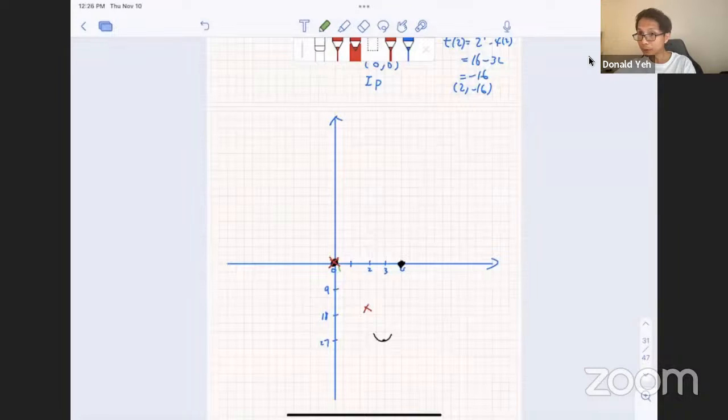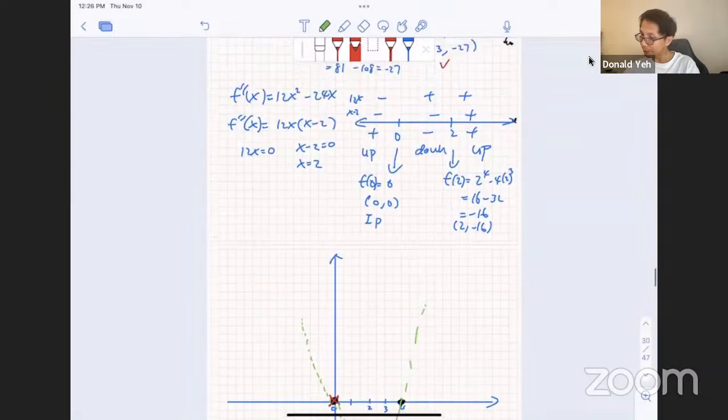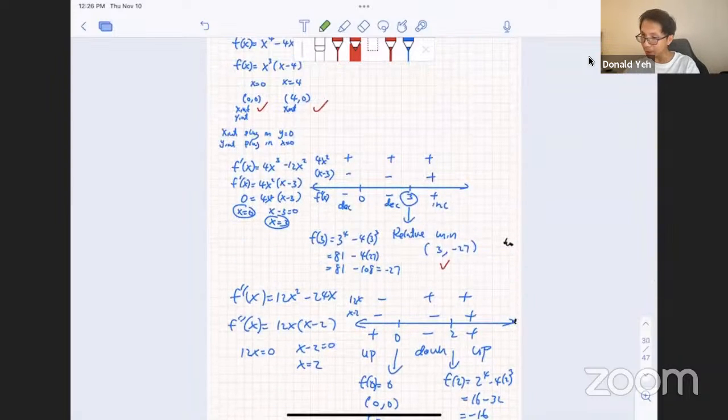Can you guys hear me? Yes, we could hear you. And then I'm going to decrease. I draw the dotted line just because I'm not sure what the graph is going to be yet. This dotted line just gives me decreasing, decreasing, increasing after 3, because that's what it says.